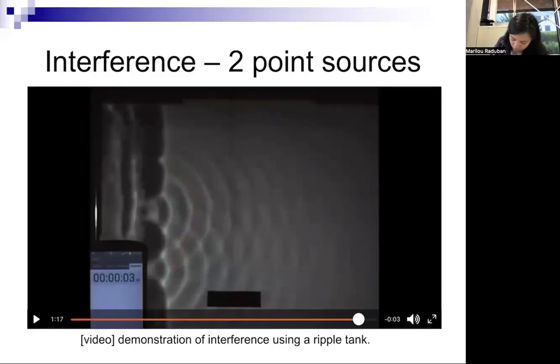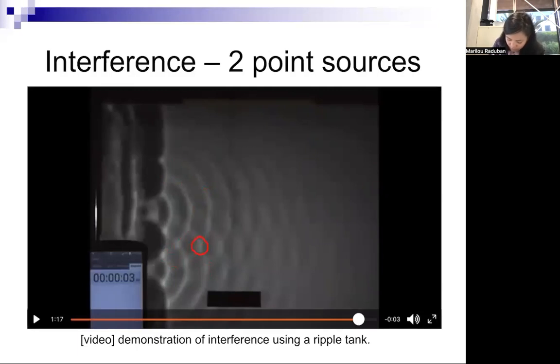So notice, for example, at this point, that's the crest of this wave superimposing with the crest of this other wave. And notice how this is a very bright spot, which results from the addition of the amplitudes of those two waves. So you have this resulting bright spot, meaning you have a higher amplitude compared to the individual wave.